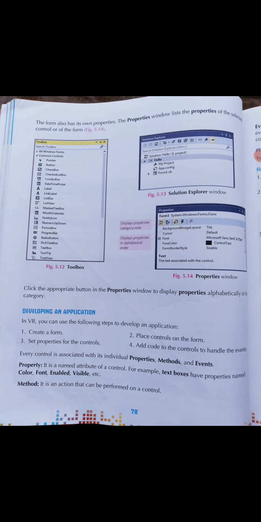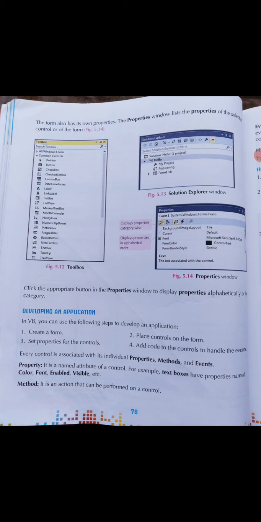Then you move to page number 78. I think everyone has seen page number 78. There you see the top line, first line: the form also has its own properties.